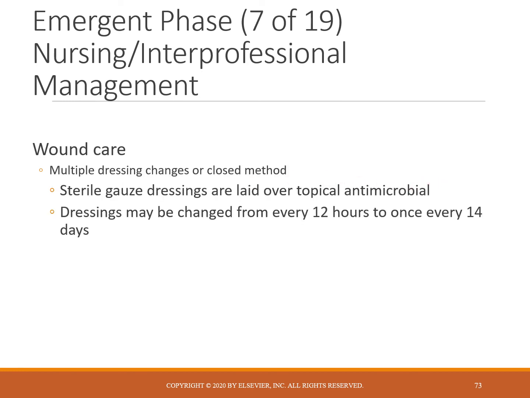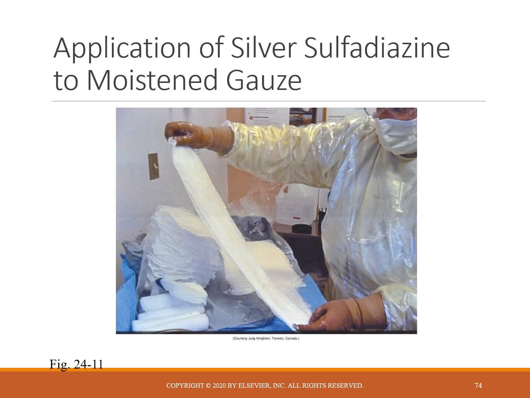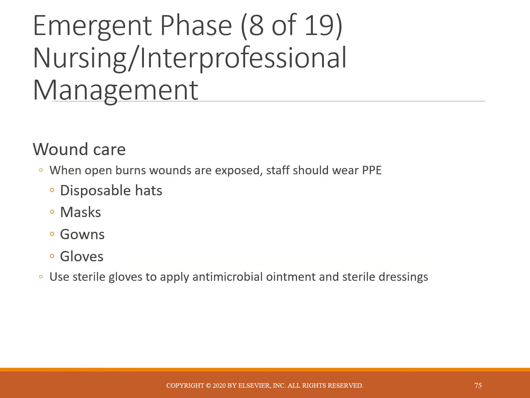Now again, remember, wound care is a sterile procedure. You have to do it to decrease incidence of infection. So this is an example of silver sulfadiazine to moisten gauze. So that's what we apply.